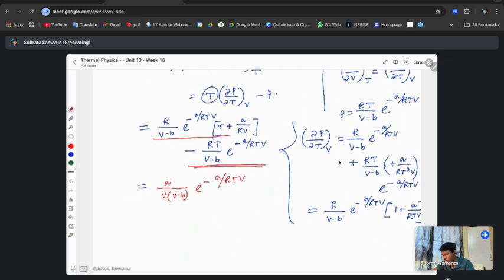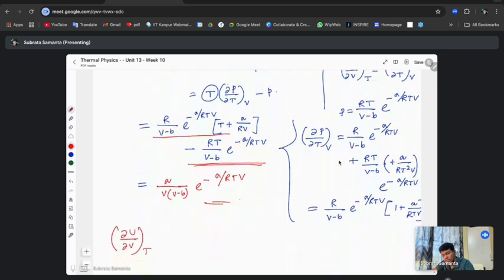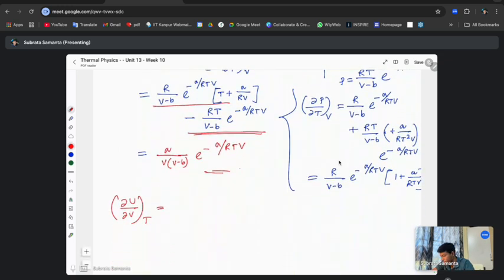So you are left with this only. Therefore your del U del V at constant temperature is equal to A e to the power minus A over RTV over V times V minus B. So this is the answer.